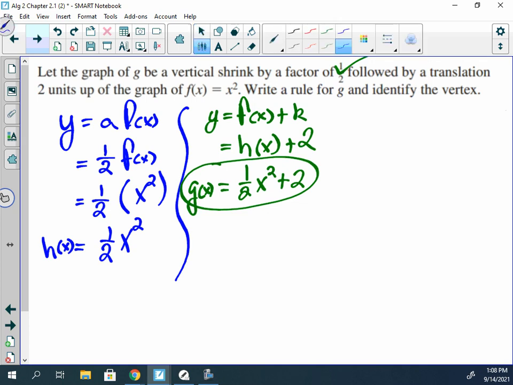The vertex is our h comma k. Well, do we have an h value again? The h value is inside parentheses and added or subtracted from x. But we don't have any parentheses, so our h is still 0. And k would be 2.